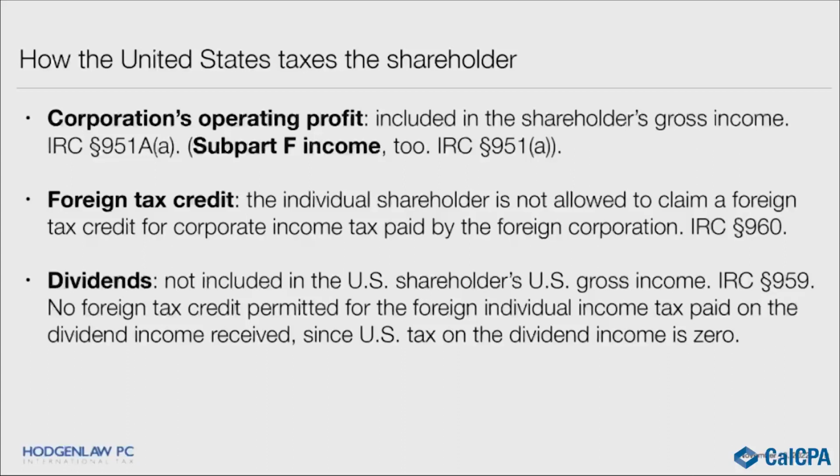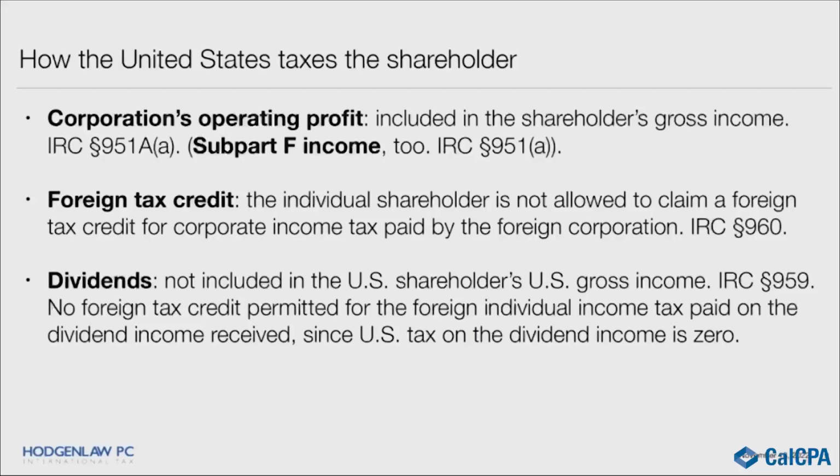Foreign tax credit. There are two tax credits we're going to think about. The first one is the individual shareholder, remember, is going to be paying income tax in the United States on the corporation's net income. Unfortunately, the corporation is paying income tax to the foreign country, and so this is what's called an indirect foreign tax credit situation. The individual did not pay the tax himself or herself, rather the corporation paid the tax.